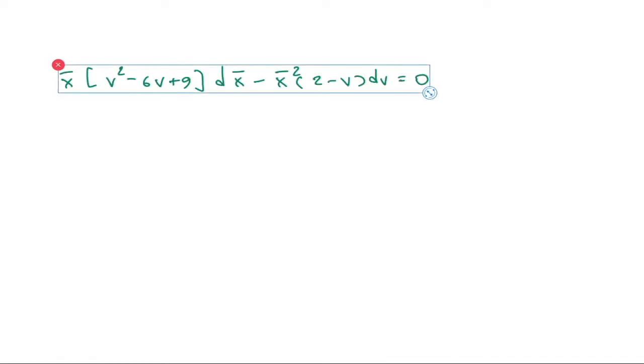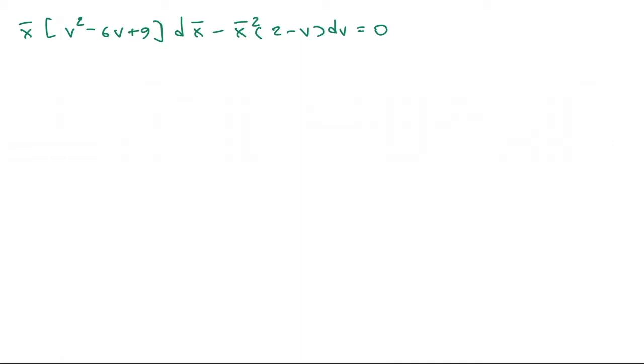Okay, and right now it is getting closer to the separable form. We just need to divide here by x bar squared, so we get 1 over x bar dx bar minus 2 minus v divided by v squared minus 6v plus 9 dv equals 0.